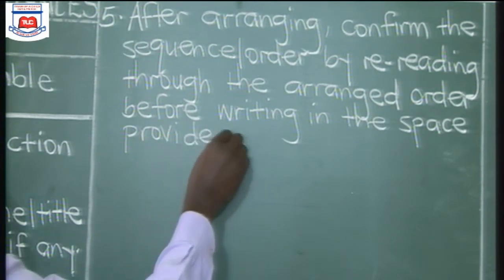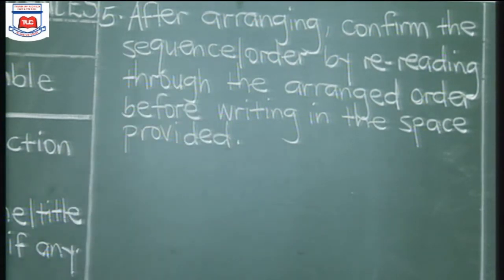The moment you are done with the reading and taking note of the connectors or linking words or repeated words, why do you take note of them? They help you to arrange. How do you arrange? By numbering each sentence or by giving each sentence number.